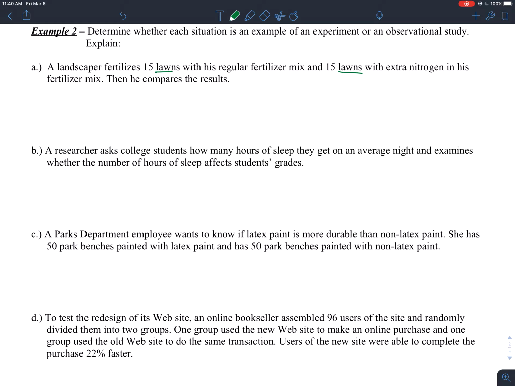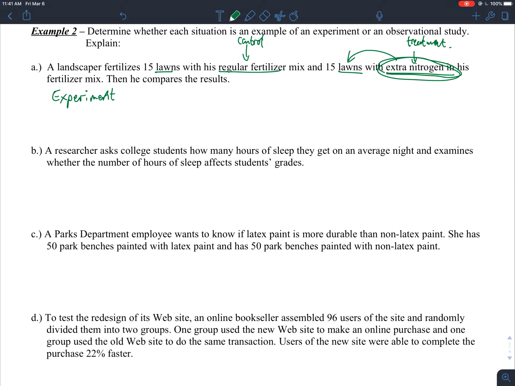There are two groups, regular fertilizer and extra nitrogen fertilizer. The regular one is what we would call a control group, the regular situation, and this would be my treatment, the thing I've changed, that I'm imposing on something or someone. Now I am imposing extra nitrogen on these 15 lawns. So we can comfortably say this is an experiment.